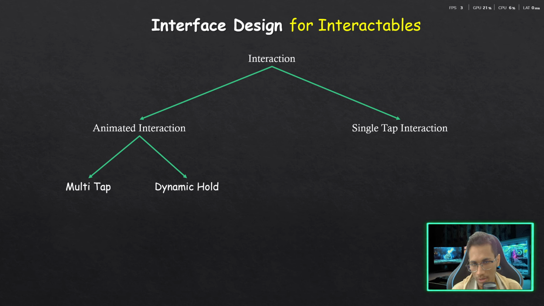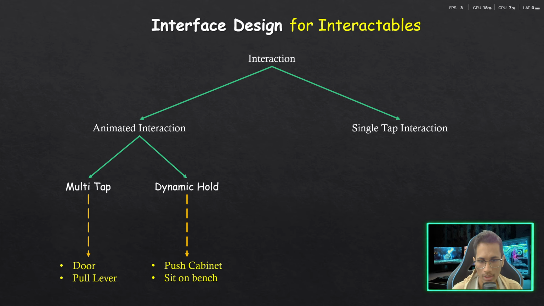So these are under the animated interaction category. Now, multi-tap includes opening the door, kicking the door, or pulling the lever. So these are the animation-based interactions that fall under the multi-tap category. Now in the dynamic hold, we have push cabinet or sit on the bench. These interactions we have already done, except this lever one, we will do it later.